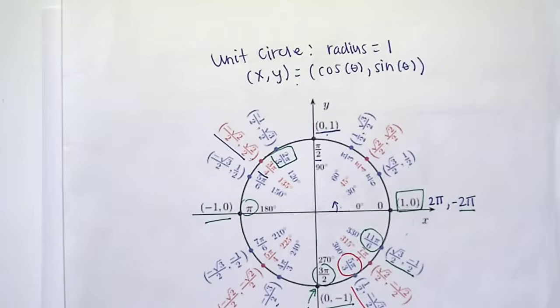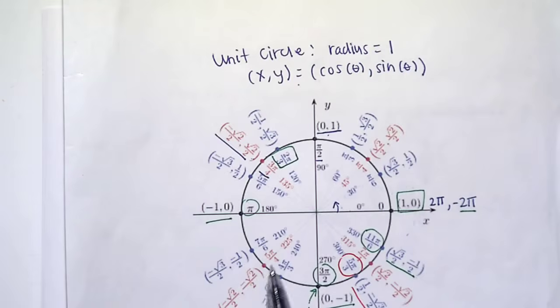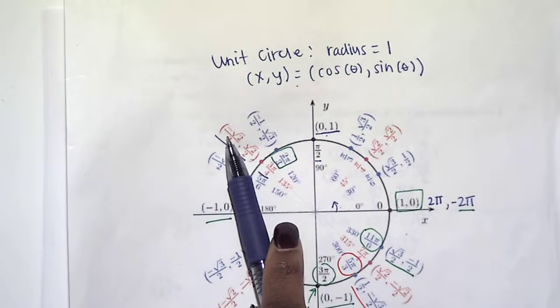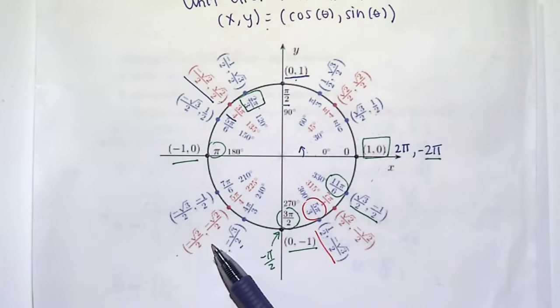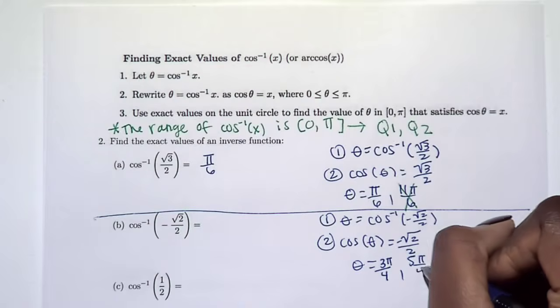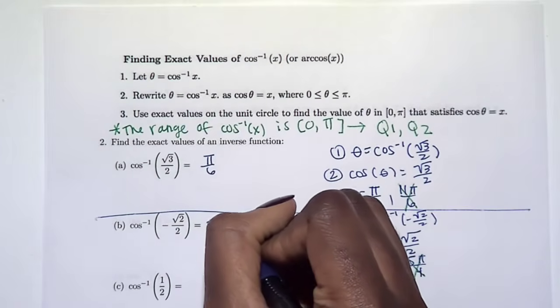Cosine negative root 2 over 2, well, I'm looking at the wrong thing, I'm looking at sine. Here, negative root 2 over 2, that happens at 3 pi over 4. Also, it looks like it happens at 5 pi over 4. Only one of those is in quadrant 1 or 2. So our answer is 3 pi over 4.